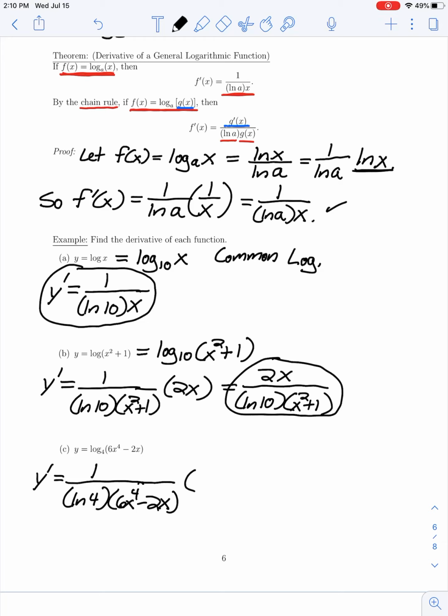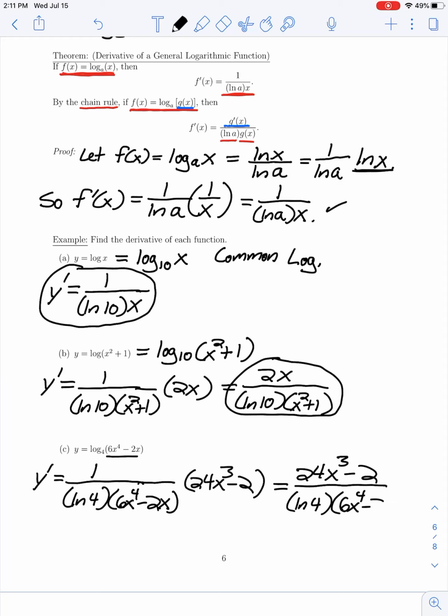So the derivative of this innermost function is 24x cubed minus 2. Or writing this as a single fraction, we have 24x cubed minus 2 all over the natural log of 4 times 6x to the 4th minus 2x.